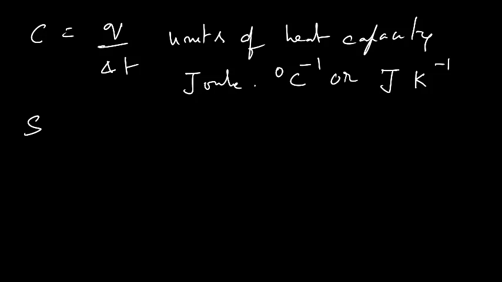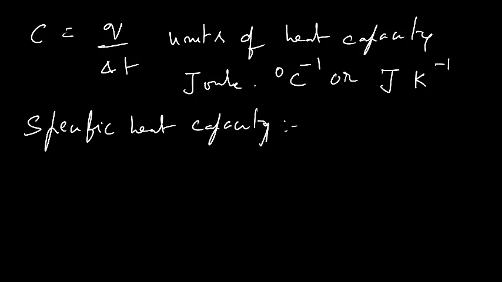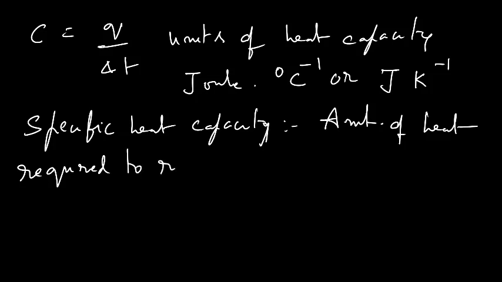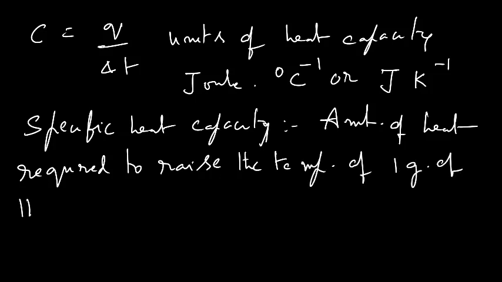Now let us see the specific heat capacity. In the case of heat capacity, we did not mention the amount of substance, whereas in specific heat capacity we mention the quantity of the substance. It is the amount of heat required to raise the temperature of 1 gram of the substance by 1 degree centigrade.